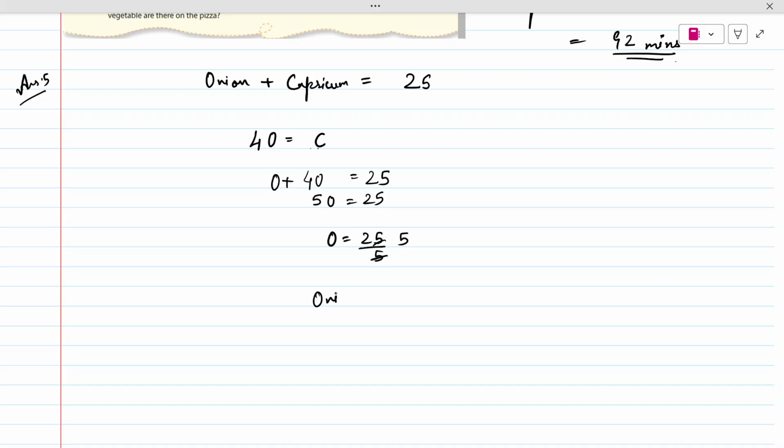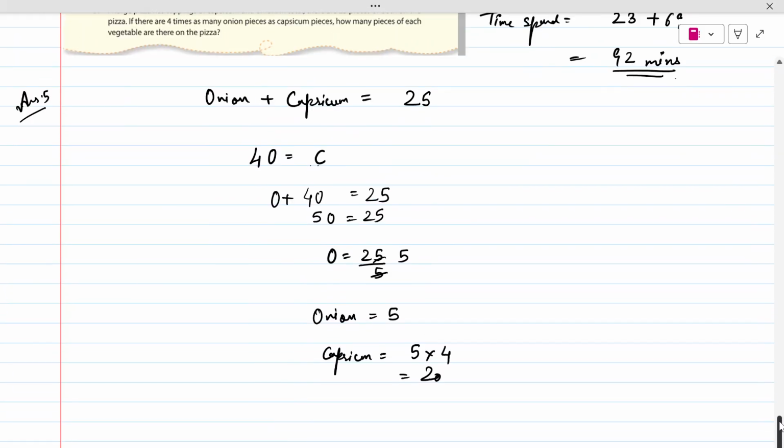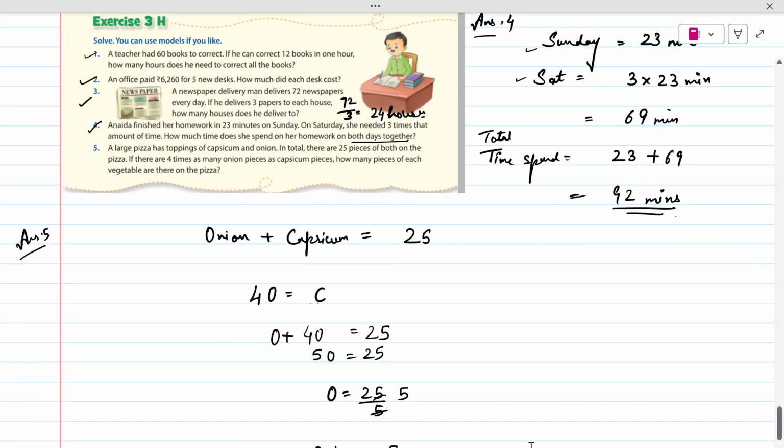That means we have capsicum is equal to 5 and onion is equal to 5 multiplied by 4, which is equal to 20 pieces. Okay.